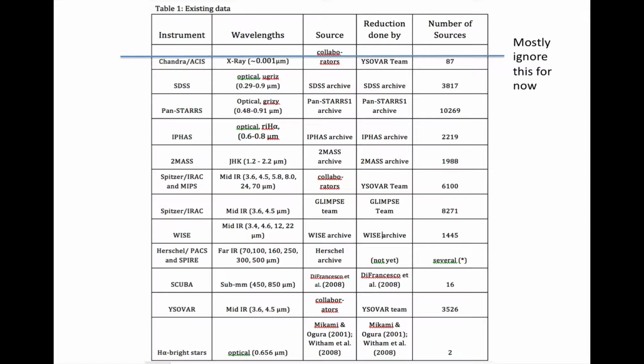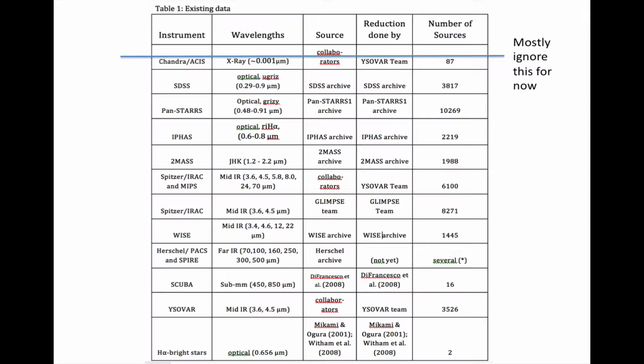But after we ran out of cryo, only the shortest two bands of Spitzer continued to operate, and there's two additional sets of data that used Spitzer, the shortest two bands on this region. One is GLIMPSE, which is a survey of the galactic plane, and the other is YSOVAR, which was monitoring this region at those two shortest IRAC bands.